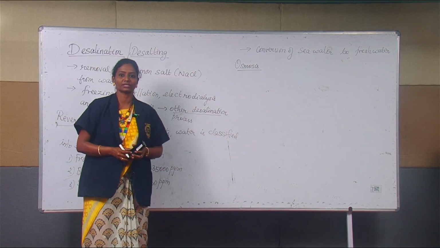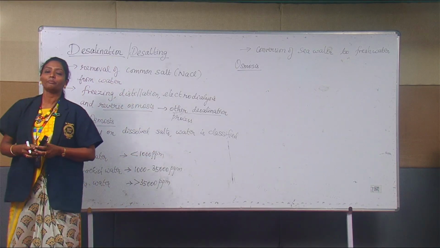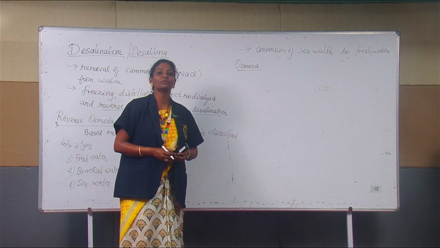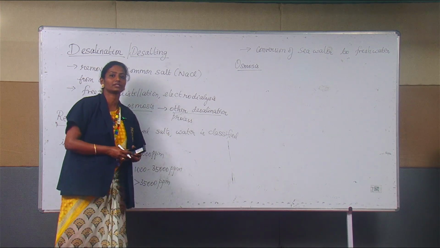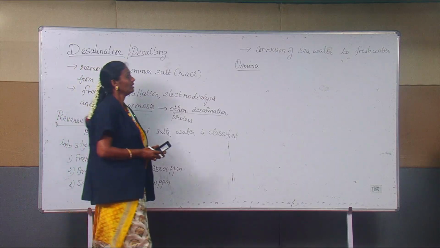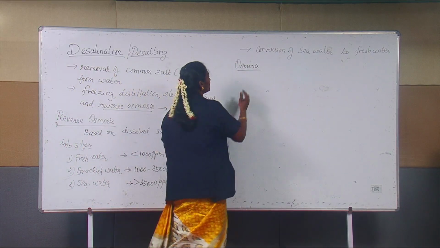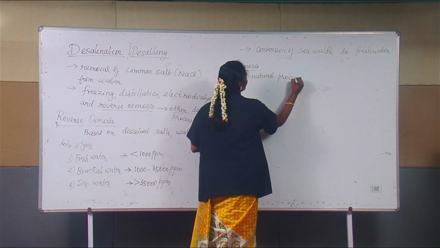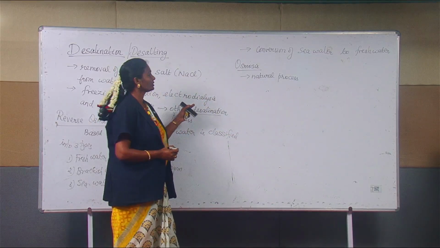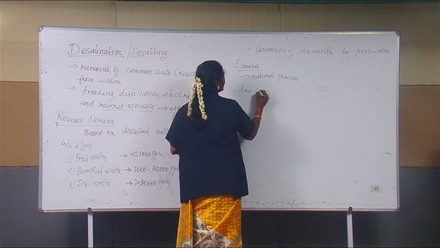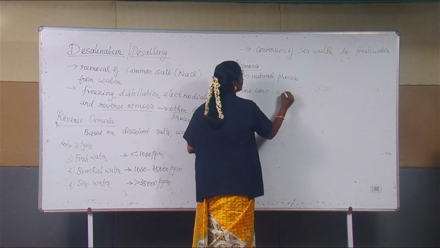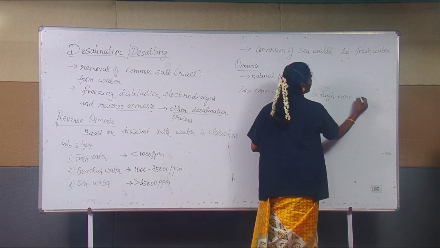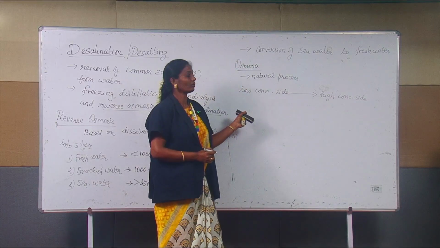Osmosis is a natural process which occurs in everybody's body, plants, and animals due to respiration or various metabolic activities, where water gets diffused from a low concentrated site to a high concentrated site by applying osmotic pressure.